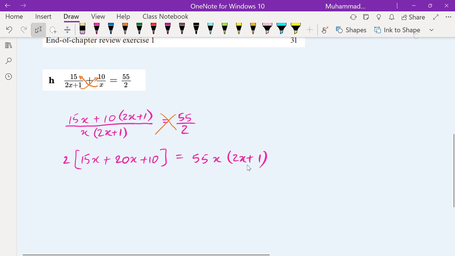And now I'll be multiplying it: 55x times this, so it would be 110x squared plus 55x, and it would be 30x times 2, 40x, 20, and now let's add them all.